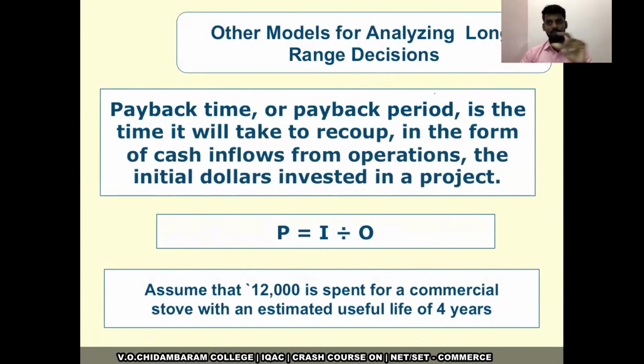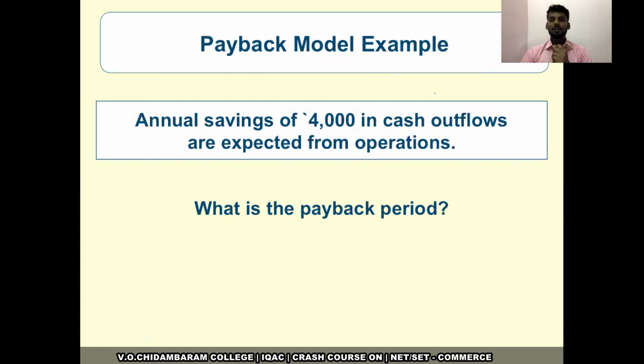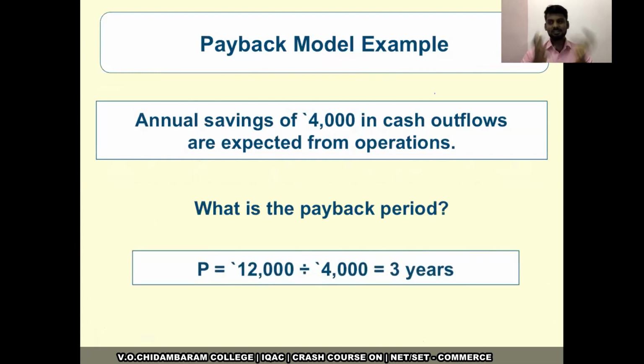If you have even cash flows, you can use this formula. If not, use Y plus B divided by N, where B is the balance and N is the cash flow in the preceding year. That is for uneven cash flows. Payback period is simply the period at which you would get back your initial investment.